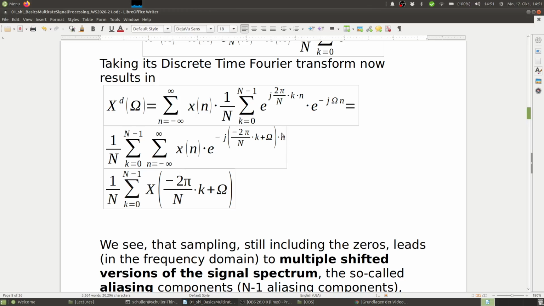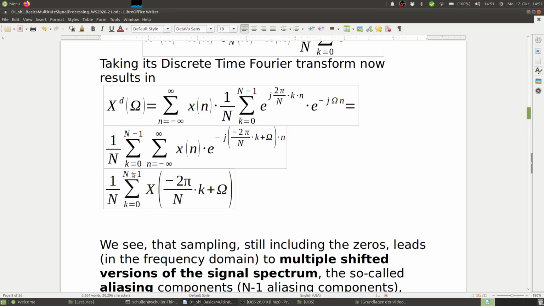This is basically exactly the DTFT of x of n, but shifted in frequency by 2 pi over capital N times lowercase k. Right, so this is a frequency shift of omega, our normalized frequency. So then we can simply rewrite this inner term as the discrete time Fourier transform of our signal x, but shifted in frequency.